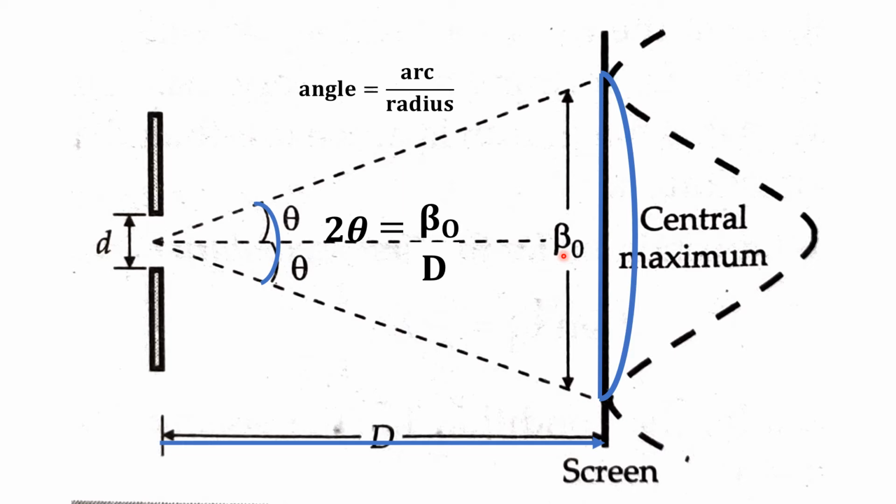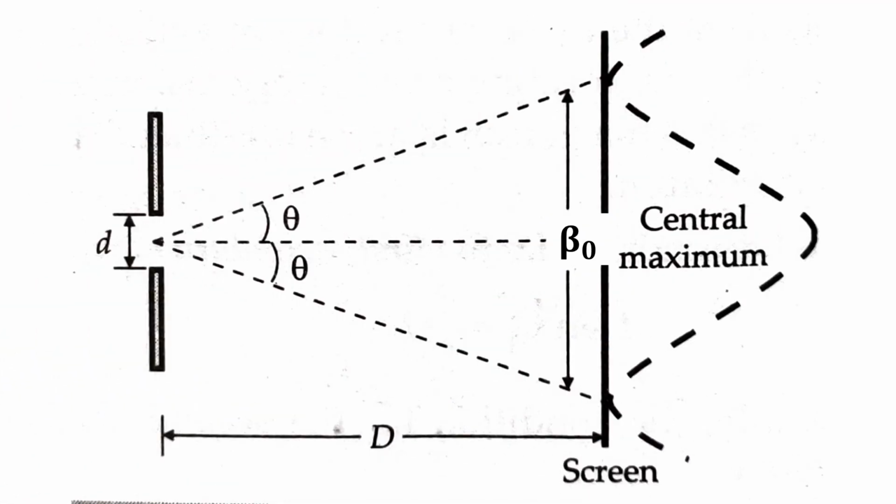Now I can send this D to the other side. So I can write my beta naught as D times twice of theta. So this beta naught is my linear width. Therefore, beta naught equals D times twice of theta.